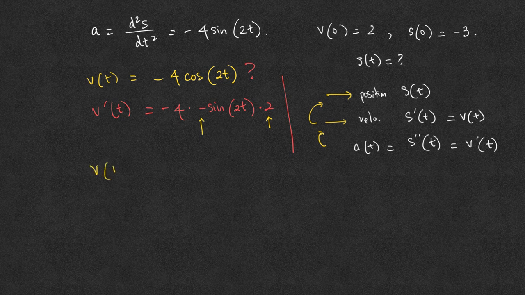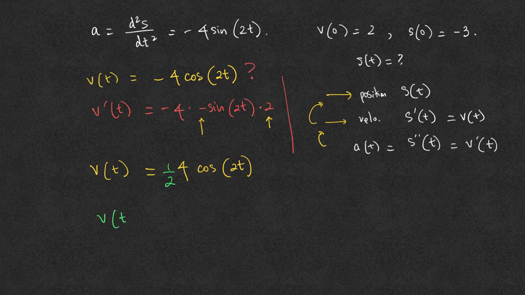Let's try this again. v of t, we don't want the extra negative, so perhaps we start with positive 4 cosine of 2t. But remember, we got the extra factor of 2, and so how do we get rid of it? The easiest way to get rid of the extra factor of 2 is to multiply by 1/2.